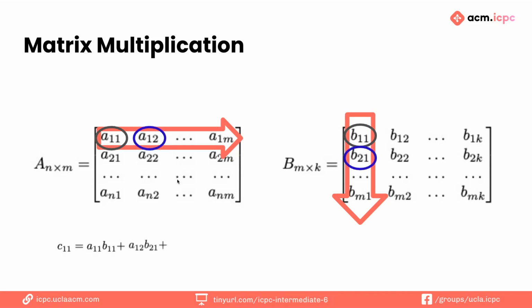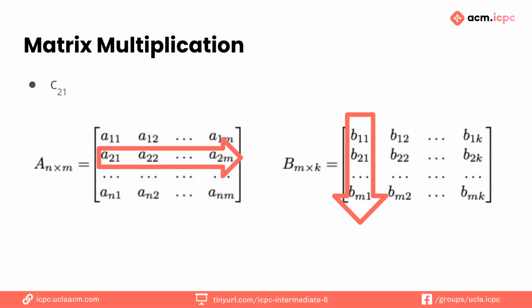And then we pick the second entry, that is A12 and B21, and we multiply them together again. And then we add A13 times B31. And then we eventually get to the mth entry, that is A1m times Bm1.